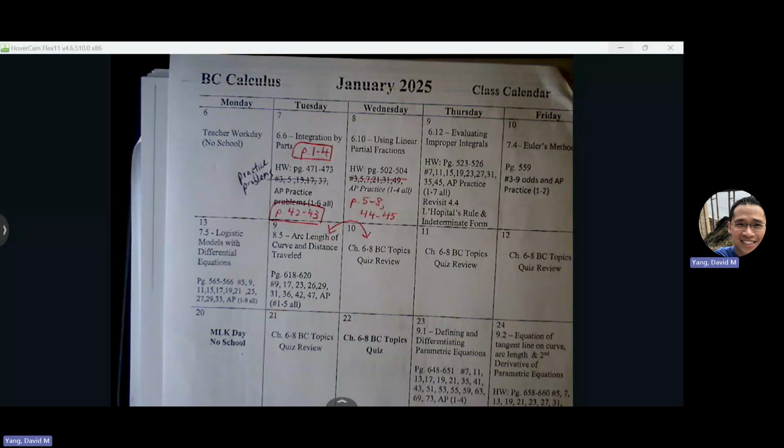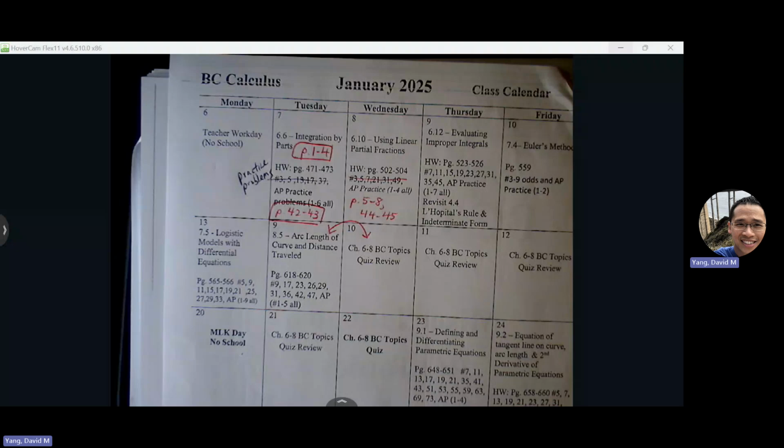Today, we're going to be going over logistic models with differential equations. Technically, this should have been in the differential equation unit, but I decided to take this out and not include this until we talked about our BC topics. So we'll do that today.